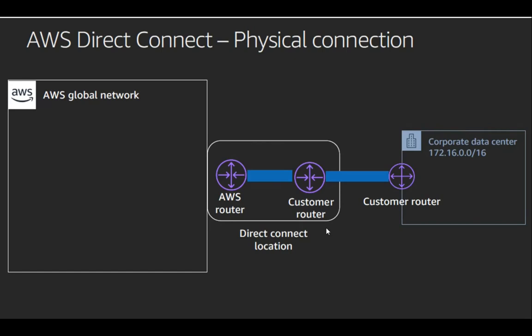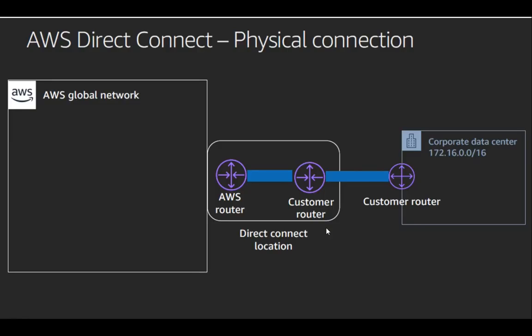And if you see, there will be a Direct Connect location where we'll have the AWS router and the customer router. The customer router is your own router sitting in the Direct Connect location, and it has to be configured. There has to be pairing done between the customer router at the Direct Connect location and your router in your corporate data center.